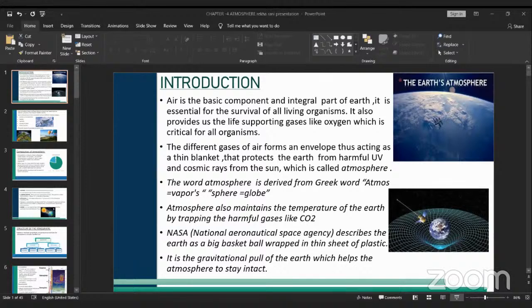In the southern hemisphere, between the latitudes 40 to 50 degrees, they are called the roaring 40s and screeching 60s. Roaring 40s and screeching 60s means these westerlies blow at a faster rate in the northern and southern hemispheres. Roaring 40s means the sound of the wind roars like a lion.